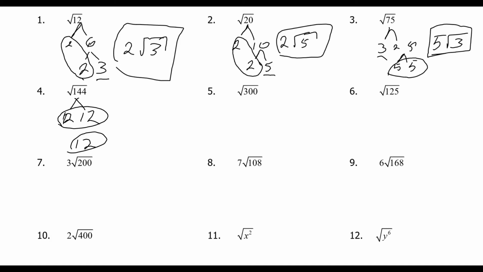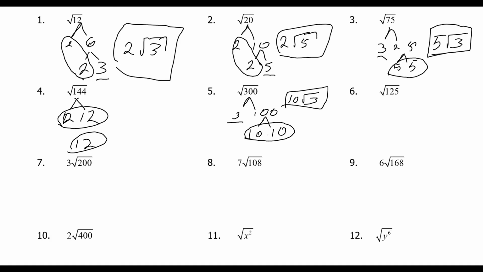Alright? Now, number 5. Okay? We break 300 apart into 3 and 100. We can break 100 into 10 and 10. Alright? There's a couple. There's a single. So that means that we can do 10 root 3.